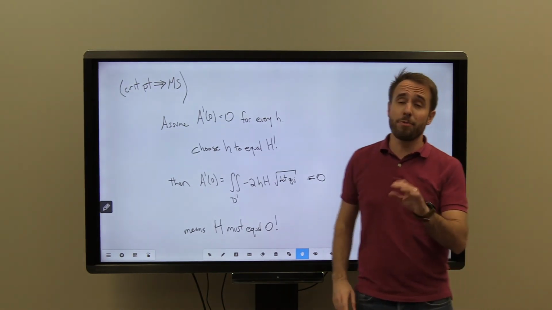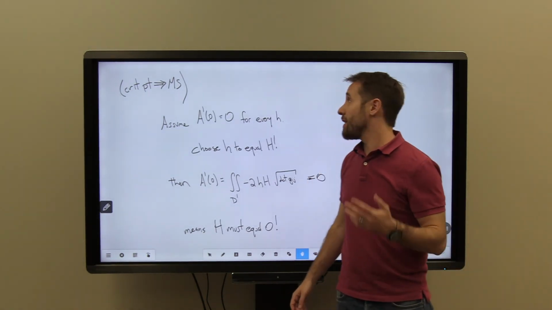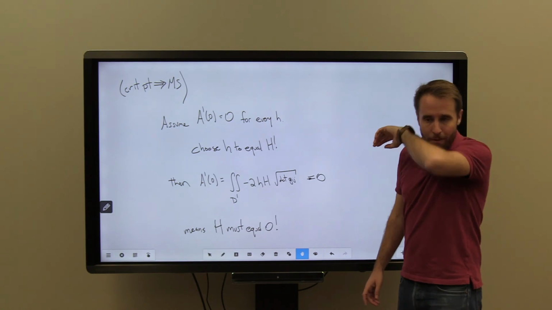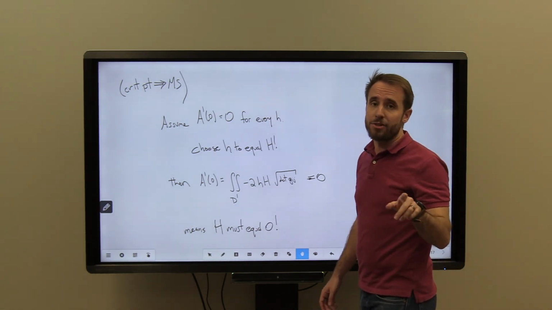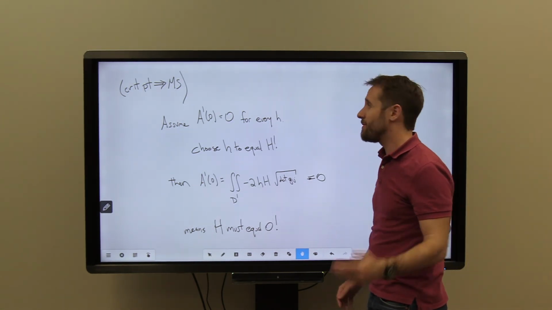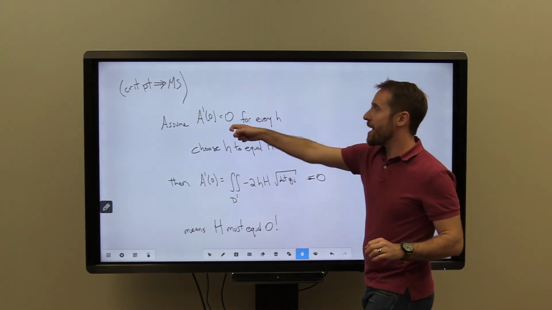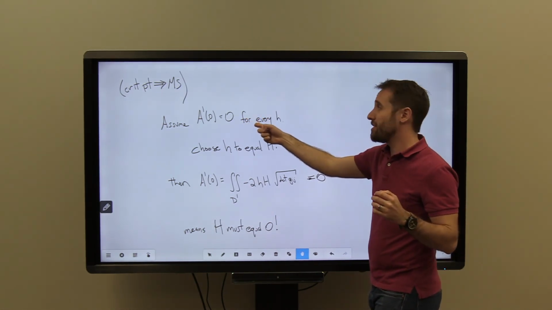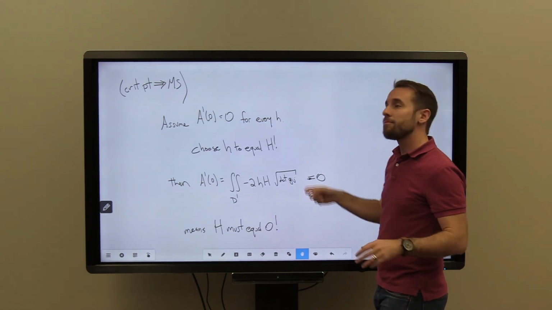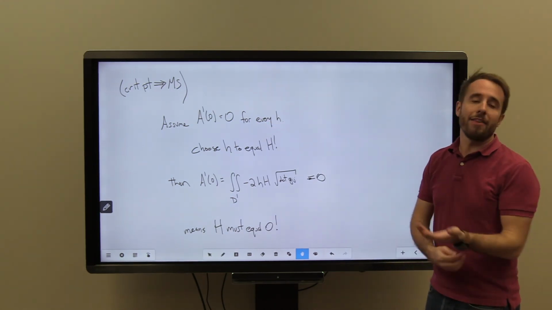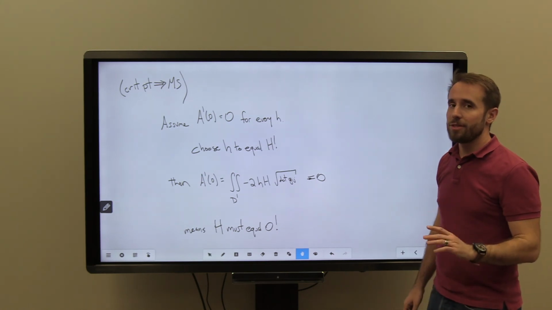All right, now we have to prove the reverse direction too. So we have to show that a critical point for any little h will in fact still be a minimal surface. So to see this, let's assume that A prime of 0 is equal to 0 for every h. Our goal is to show that capital H equals 0.